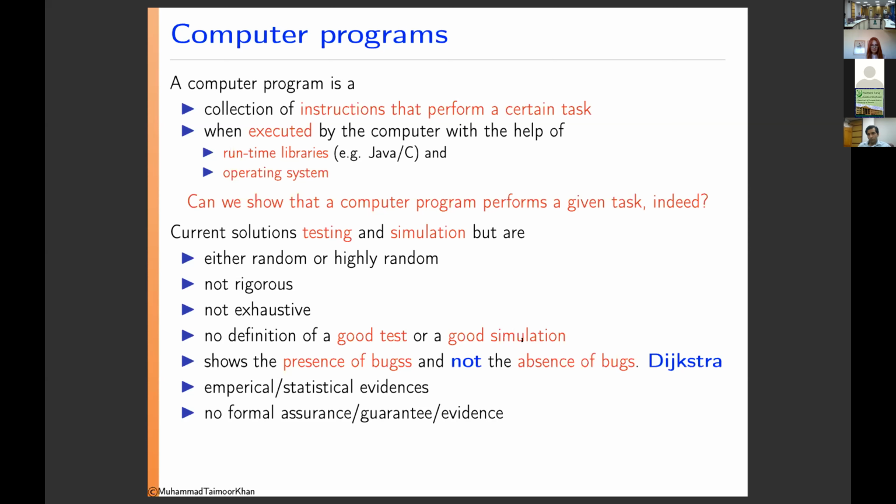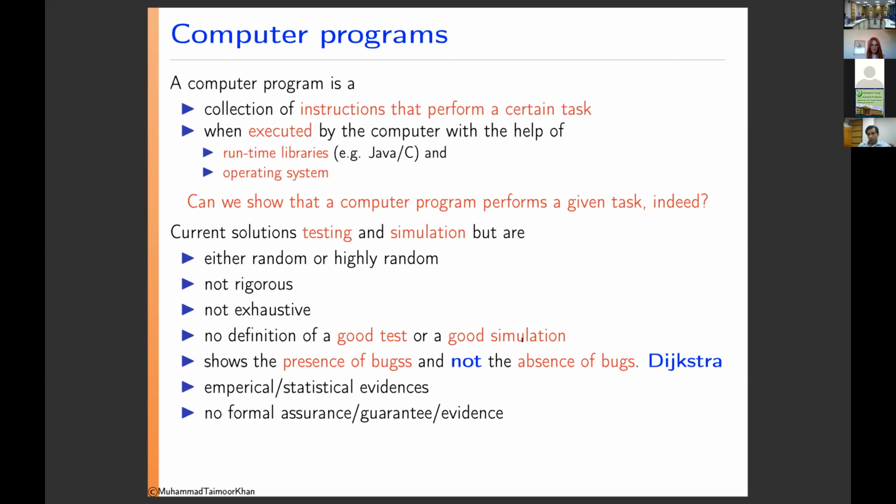You cannot ask somebody, can you tell me what is a good test, what is a good simulation? Unfortunately, testing shows the presence of bugs, but it does not show the absence of bugs. And that's more critical. Usually these approaches are empirical and statistical. We tell you the probability, okay, I'm 50% sure about the reliability of the system, or 70%, or 80%, but it does not give you any guarantee or assurance where you can really believe that yes, it works.